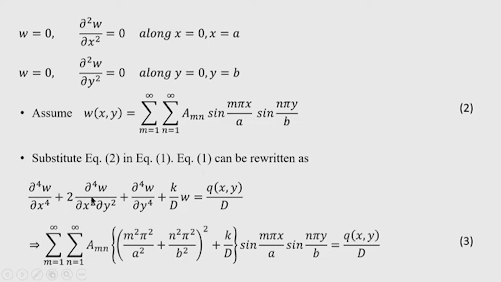And for the middle term, that is the cross derivative twice with respect to x and twice with respect to y, you will find that m²n²π⁴/(a²b²) will come, and since it is multiplied by 2, we can arrange the result of differentiation in this compact form: (m²π²/a² + n²π²/b²)², plus the additional term due to your elastic foundation reaction, that is the upward reaction of soil, that is entering here.